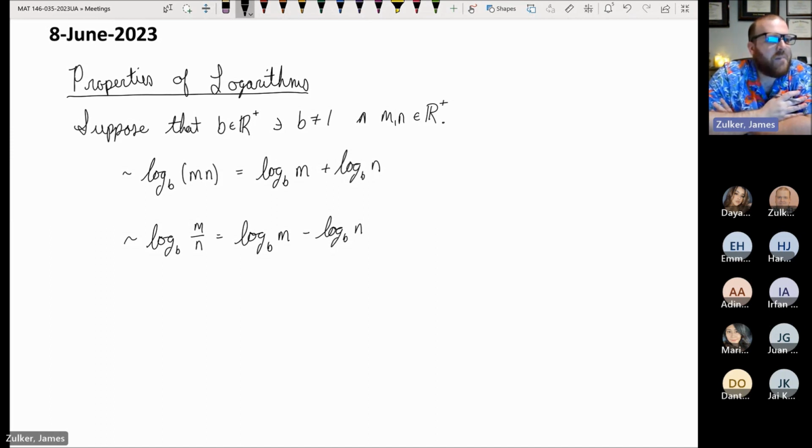The log of m over n is equal to log of m minus log of n.